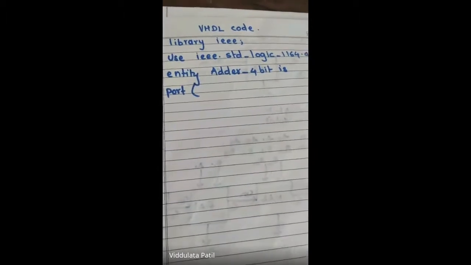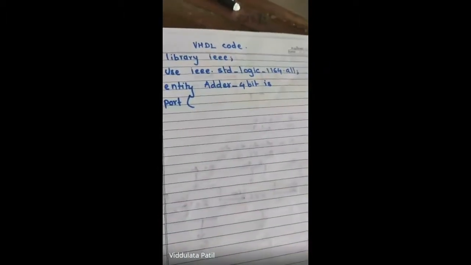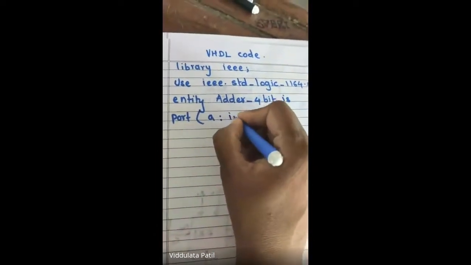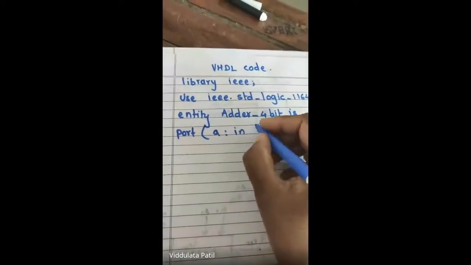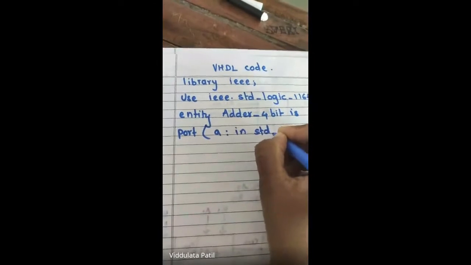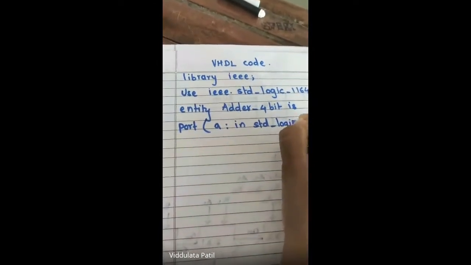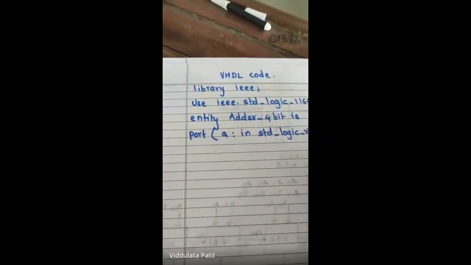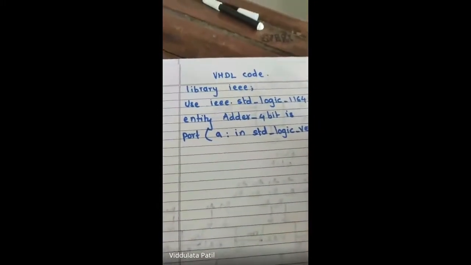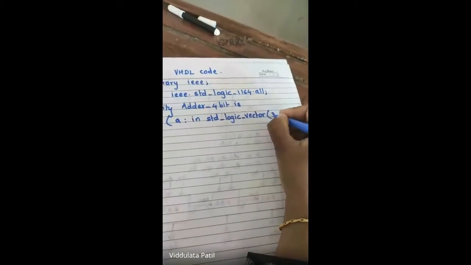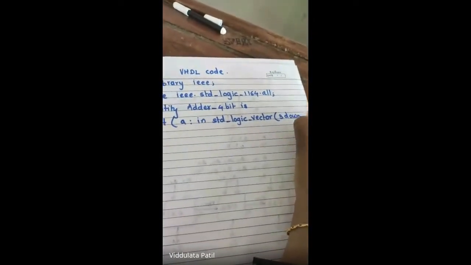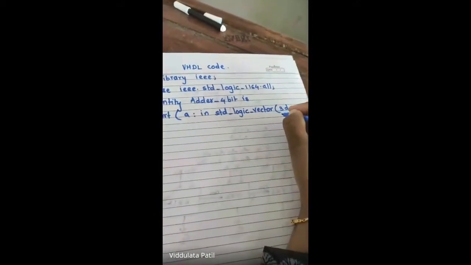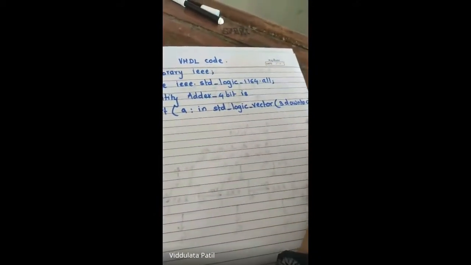So for declaring this as a vector A, that is an input port, and type std_logic_vector. Whenever we are declaring a vector, we need to declare its range. So here 3 down to 0. That means we will have A in the form of A3, A2, A1 and A0.